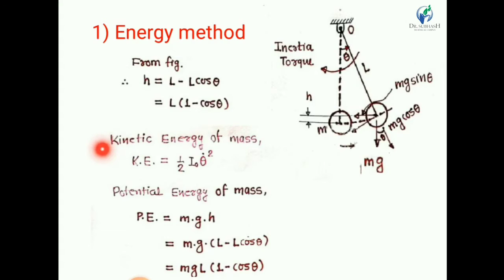Similarly potential energy: we know the simple equation of potential energy is mgh, and in our case h is equal to L in bracket 1 minus cos theta. So mg in bracket L minus L cos theta, so we obtain mgl in bracket 1 minus cos theta.